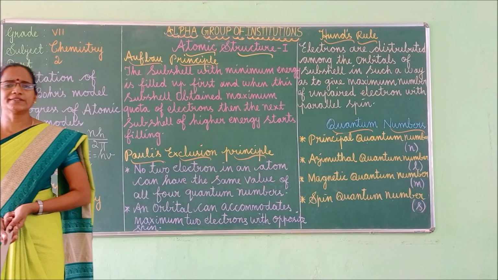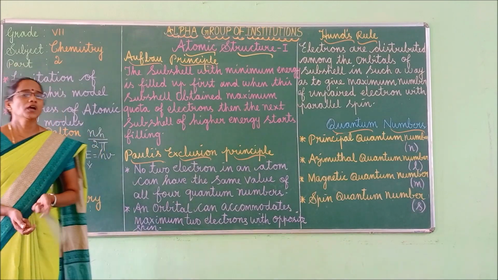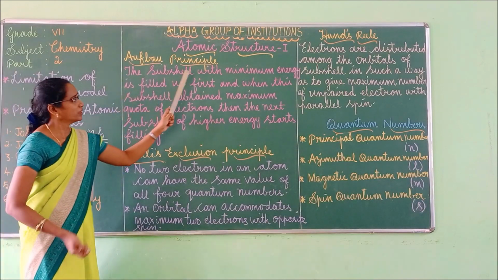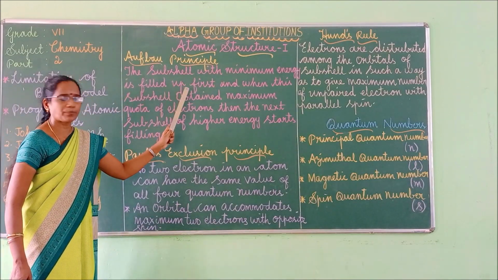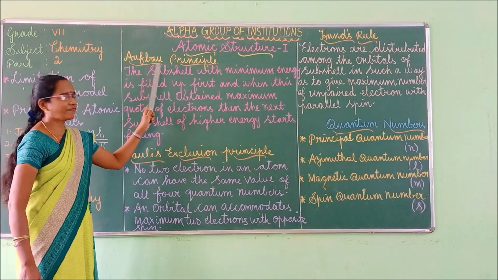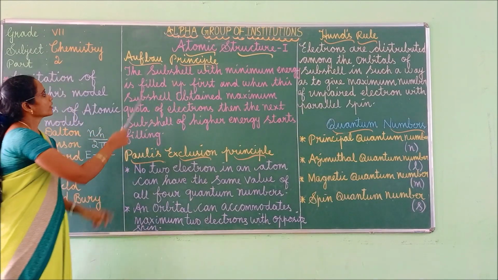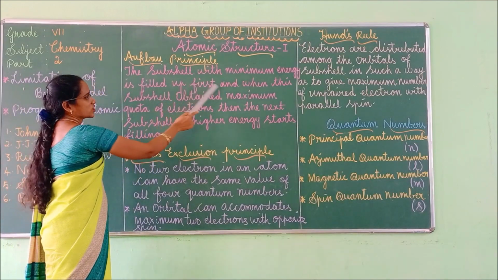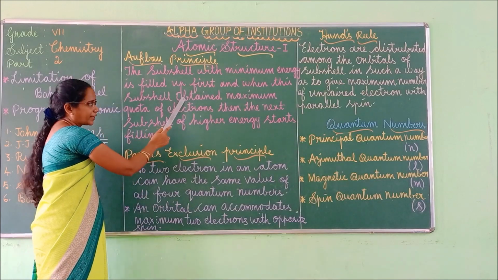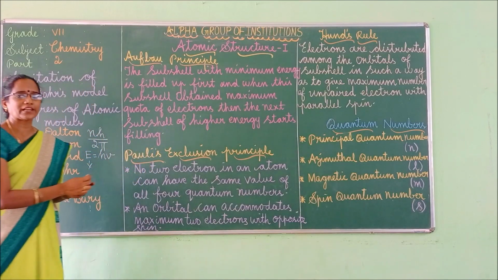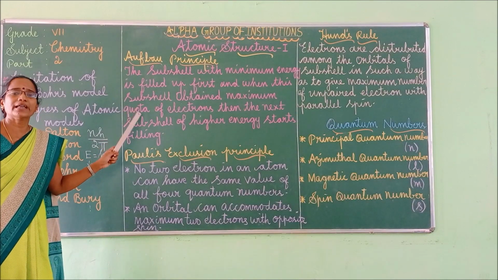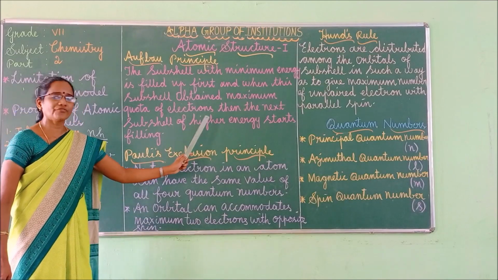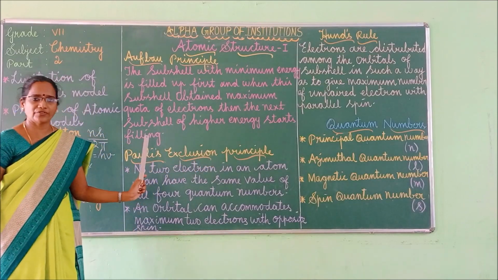So the Aufbau principle states that the subshell with the minimum energy is filled up first, and when the subshell obtains its maximum quota of electrons, quota being the number of electrons, then the next subshell of higher energy starts filling.